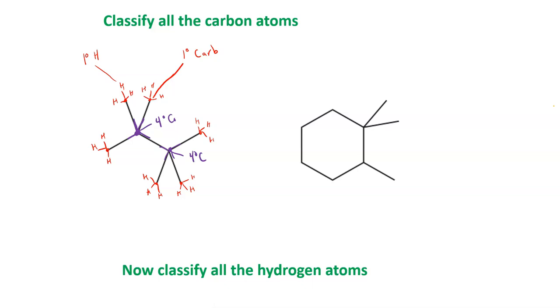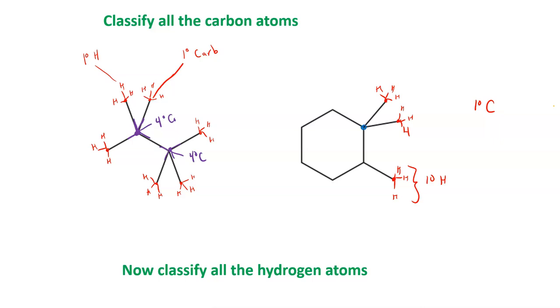Now if I look at the same thing with the other structure, I have 1, 2, 3 primary carbons on the outside. Each of the hydrogens attached to them are also going to be primary hydrogens. And then the carbon in red. We can also identify some of these other spots.